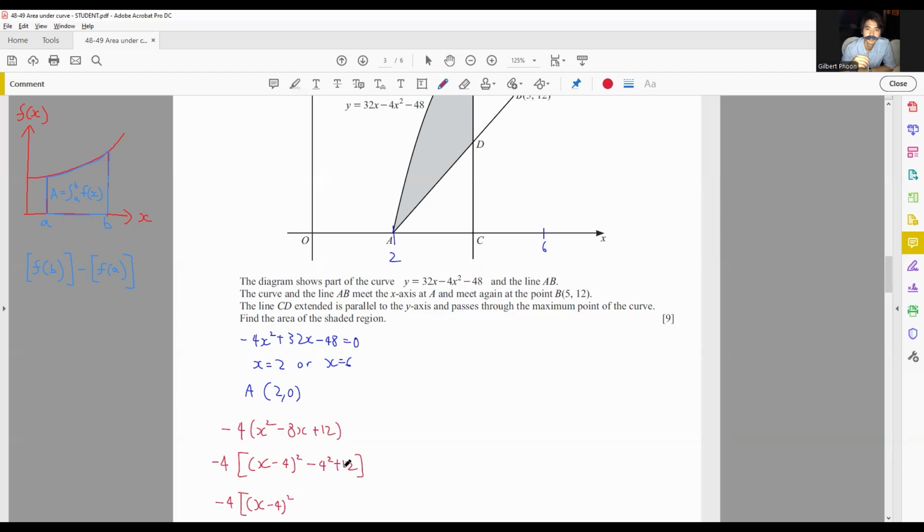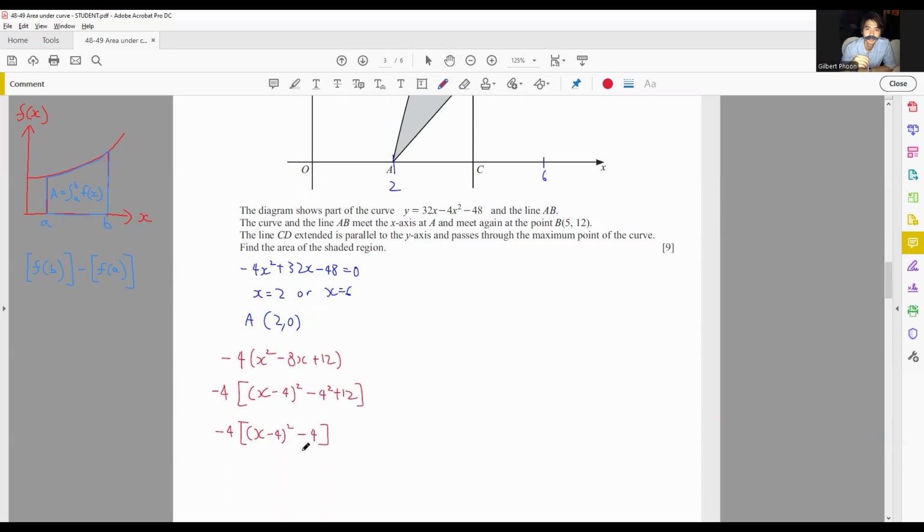Negative 4 squared plus 12, that's just negative 4. Finally, opening up the square bracket, you have negative 4 times (x minus 4) squared, negative 4 times negative 4, this is 16. Right? Therefore, the turning point has got to be 4 and 16.